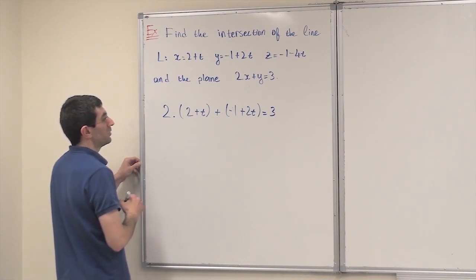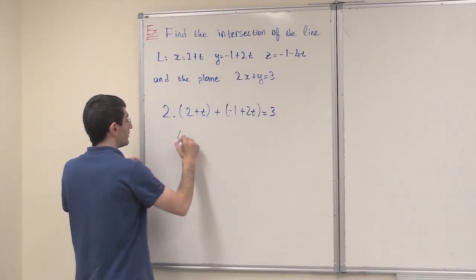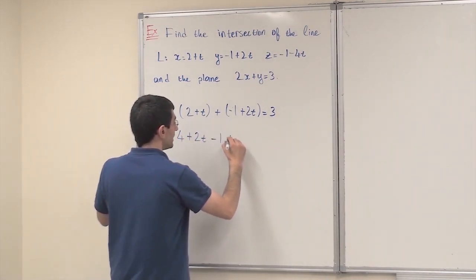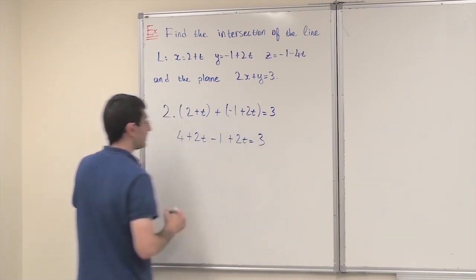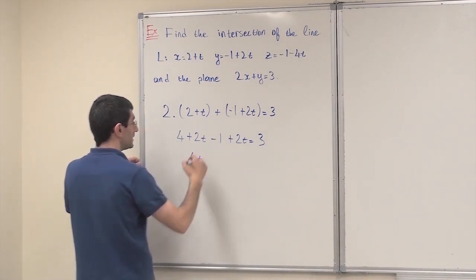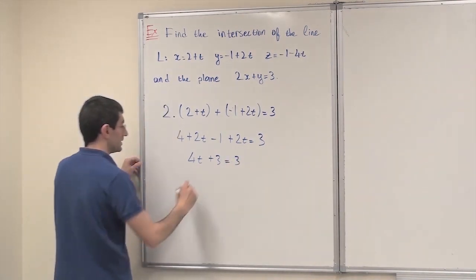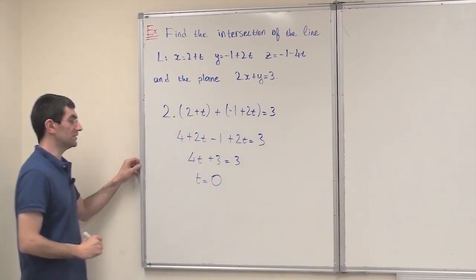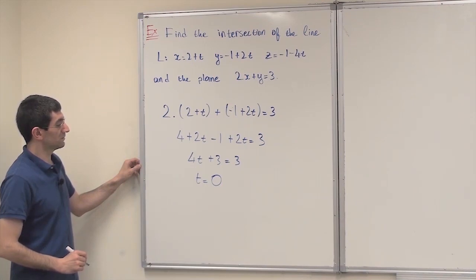We solve this equation now for the parameter t. 4 plus 2t minus 1 plus 2t is equal to 3. And we have 4t and plus 3 is equal to 3. So this means that at the intersection, the value of our parameter is equal to 0.